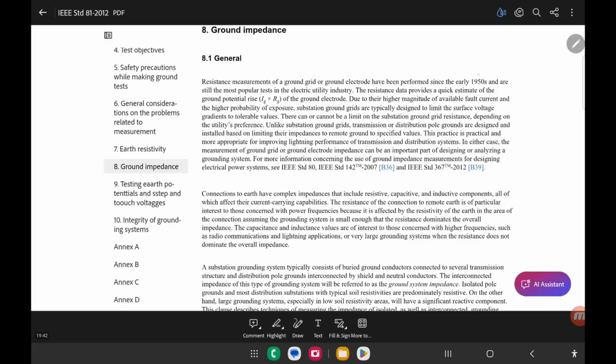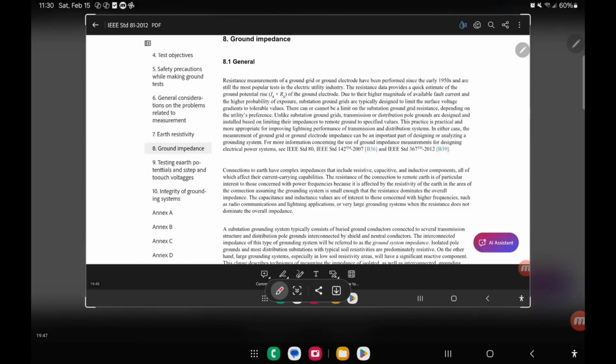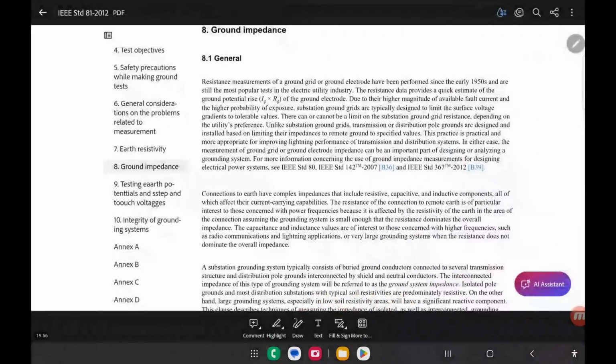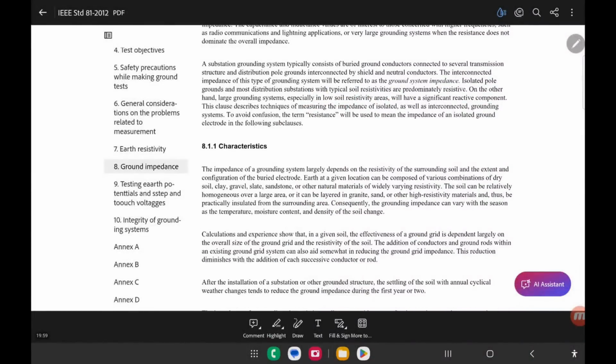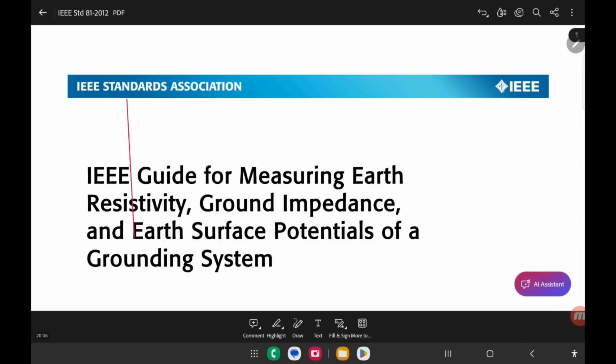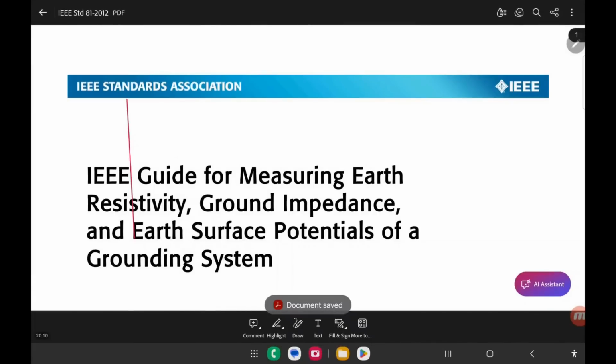That's why we talk about impedance. Now then, notice that they tell me this has been applied since the year 1950. I thought I could move it, sorry guys. But I can use it from here. Sorry, I went back.